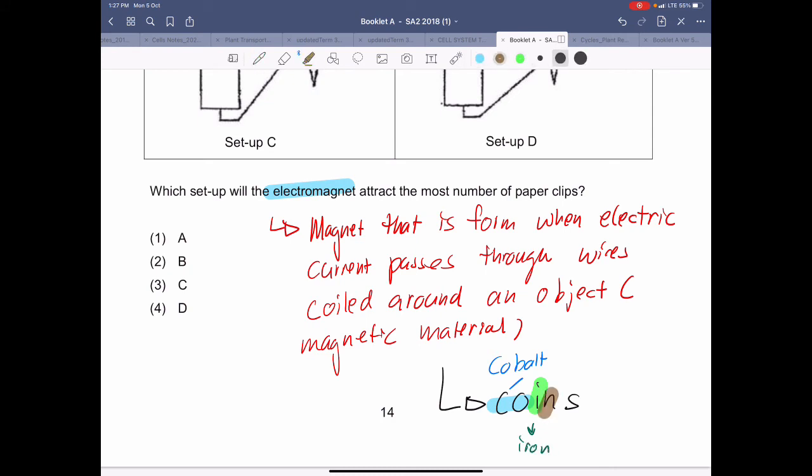N stands for nickel. Last but not least, S stands for steel. So these are the types of metals that can form a magnet when coiled around, or are actually made out of a magnetic material. That means it can be attracted by magnets even though it is not a magnet.